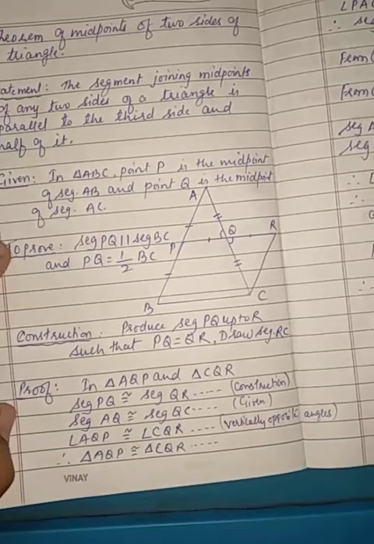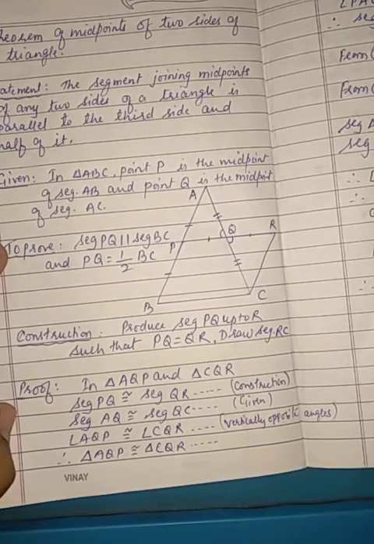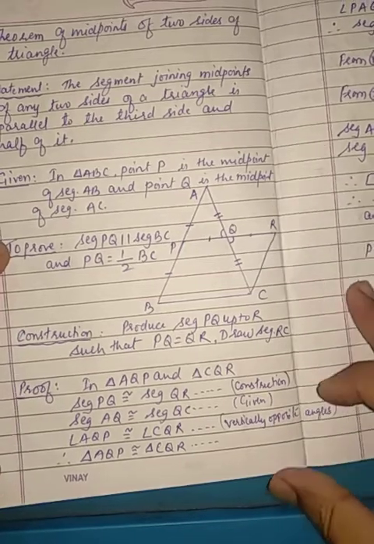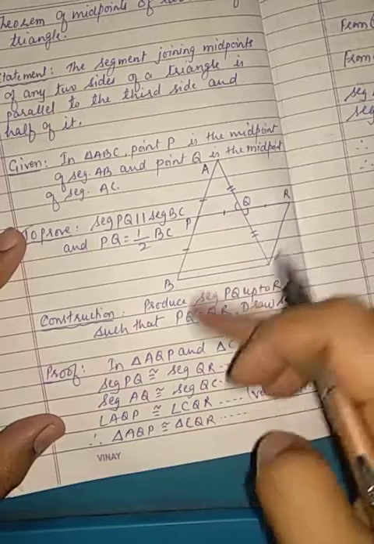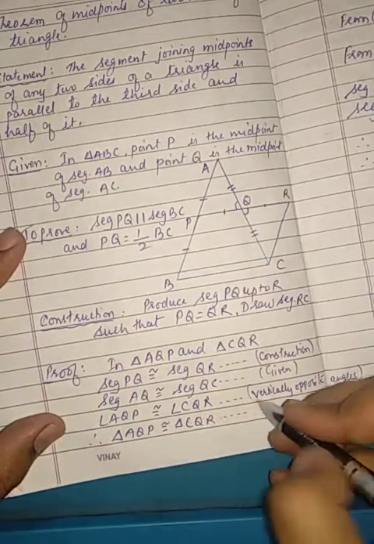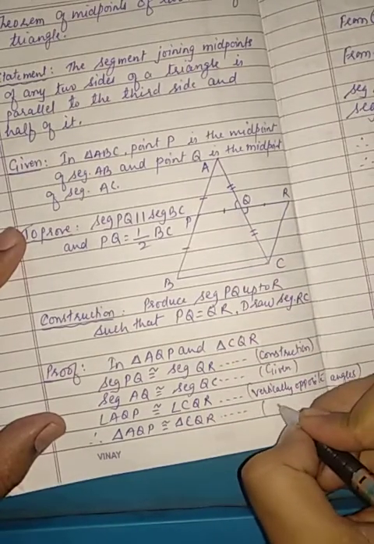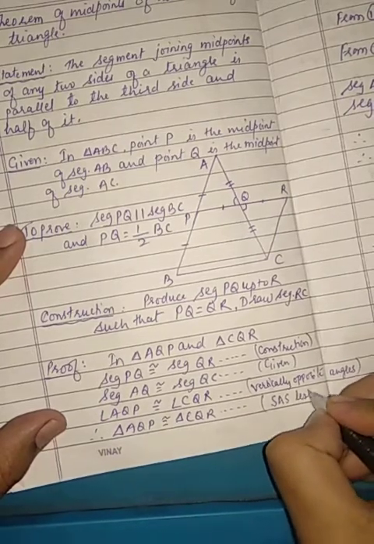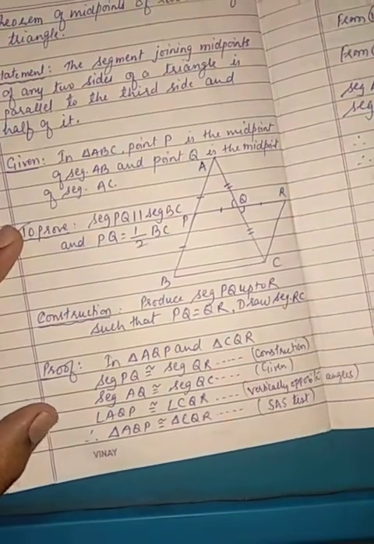In short, you can also write VOA. Now you have two sides and one included angle, so the triangles are congruent by which test? By the SAS test. So you will write here reason: SAS test.